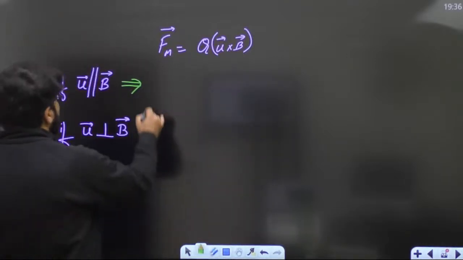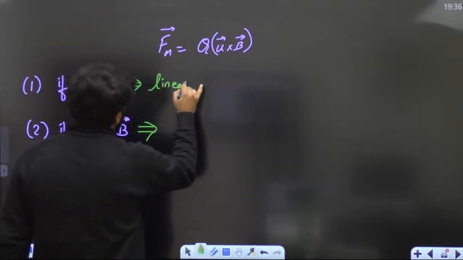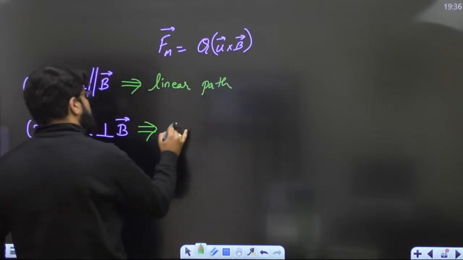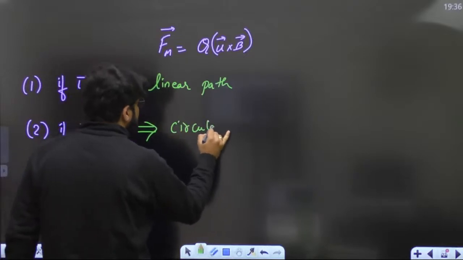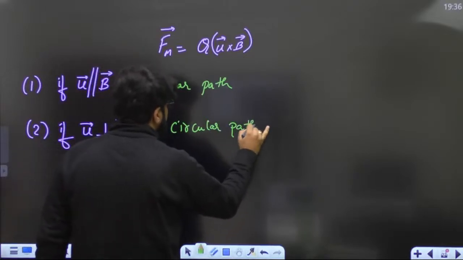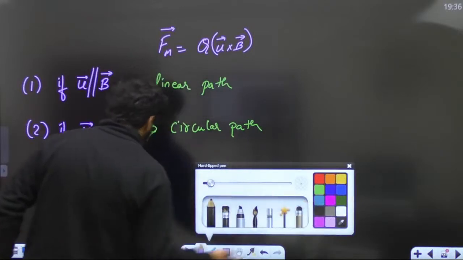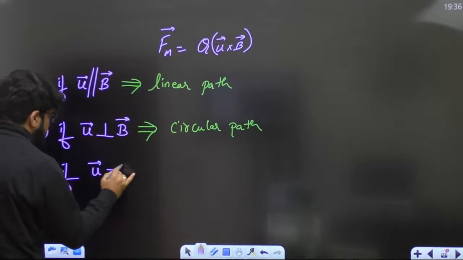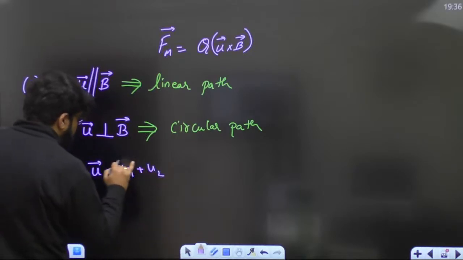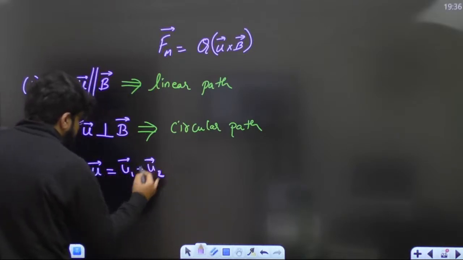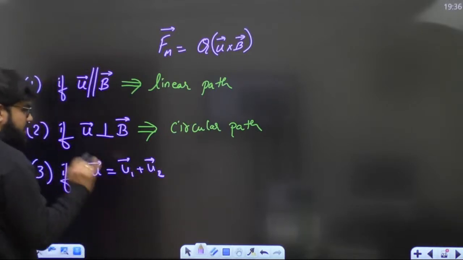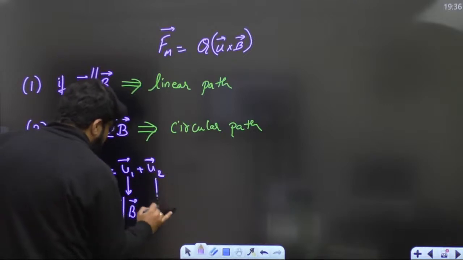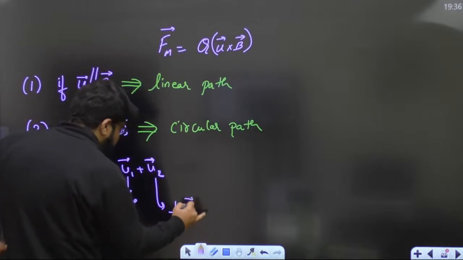Yes, correct. So if U is parallel to B, it follows a linear path. It keeps on moving in a linear manner, a straight line. If U is perpendicular to B, then the particle will move in a circular path, right? And the next case, a combination of that: suppose U is a combination of 2 components, such that one of the components is parallel to the B field and one of the components is perpendicular to the B field.